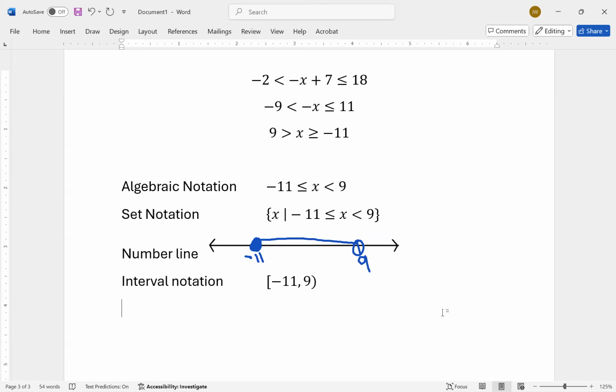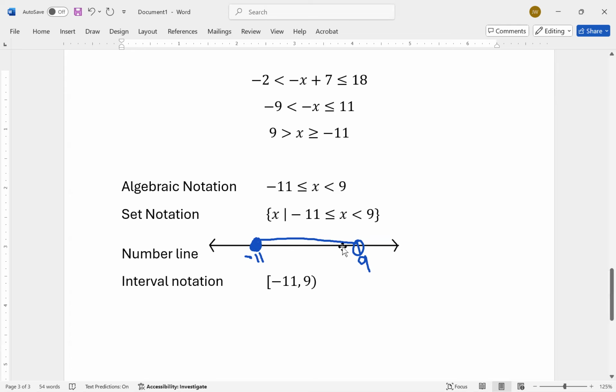By the way, sometimes people think they're going to use square brackets on everything, and so they'll say, oh, we can't touch 9, so the next smallest number is 8. They'll say that, but they'll be wrong because there's a lot of numbers between 8 and 9. 8.5 is between 8 and 9, and 8.99 is between 8 and 9, and 8.9999 is between 8 and 9.